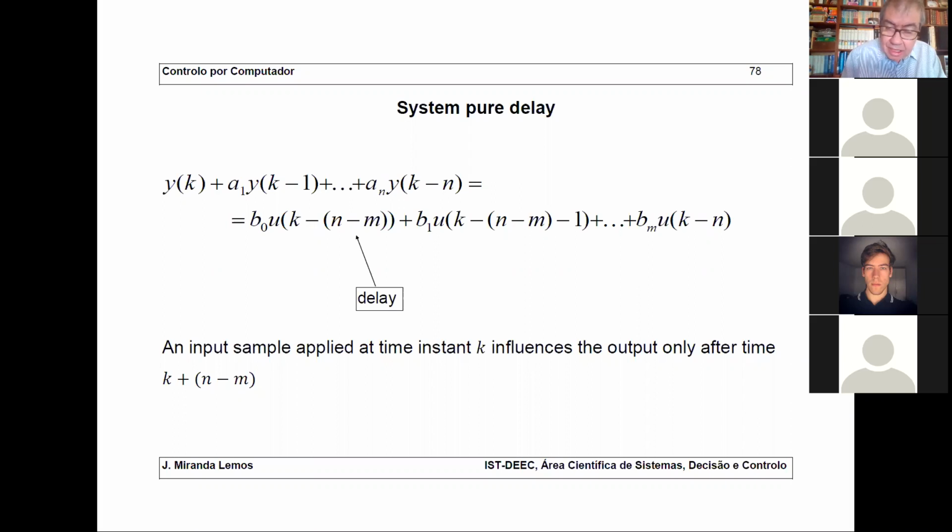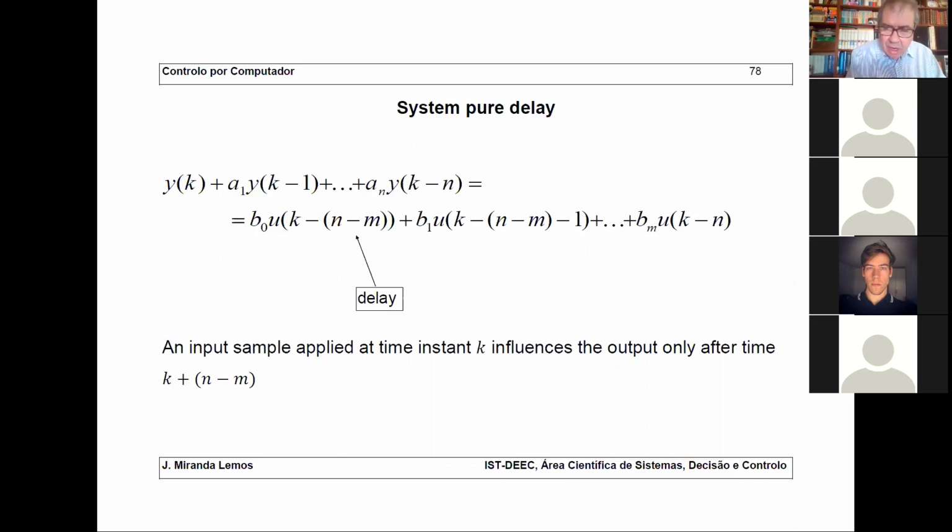Suppose that the action depends on a fluid passing on a pipe. Okay? If you change the flow rate, se mudarem o caudal do líquido que passa, you are changing the delay because your action depends on some fluid passing on a long pipe, okay? And the faster it passes, the smaller is the delay, okay?